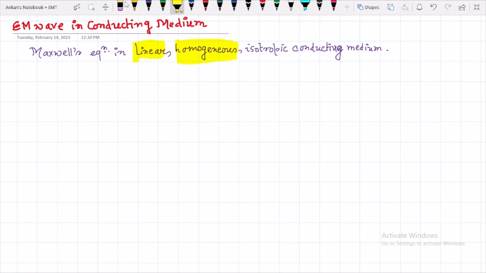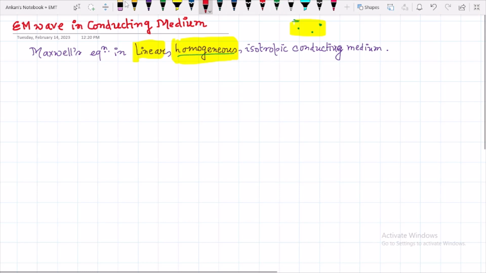Because the density of the medium is the same everywhere inside the medium. The density at this point is the same as the density at this point and at this point in the given medium. So at every point the density of the medium is the same, so the term homogeneous has been introduced here.